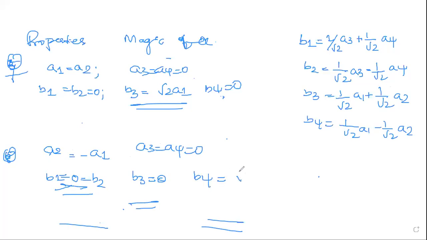B4 will be root 2 of A1. So here also, this is one more additive property where the sum signal will appear across your port 4, and there will be no output across B1, B2, B3, or port 1, port 2, port 3. So there are 8 properties totally. Based on these 4 equations, you'll be defining the conditions. Defining those conditions, just write down whatever values you're getting. Is that okay?